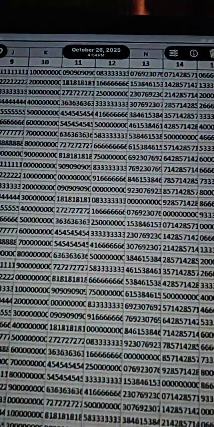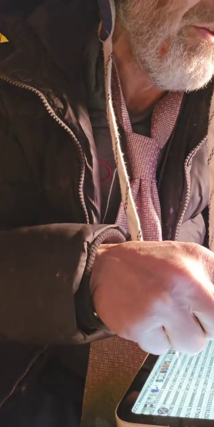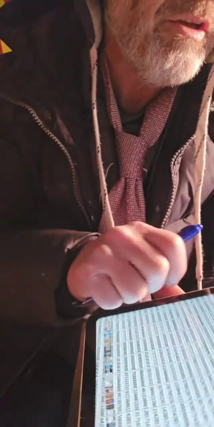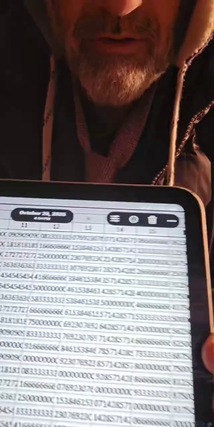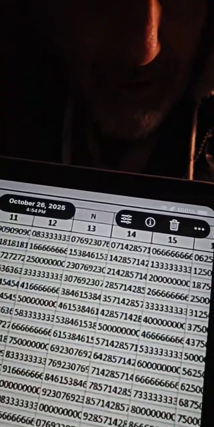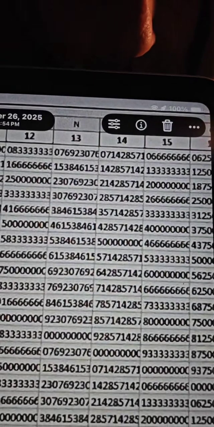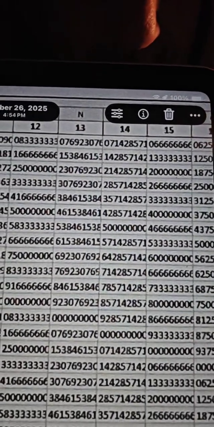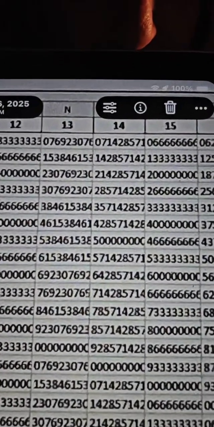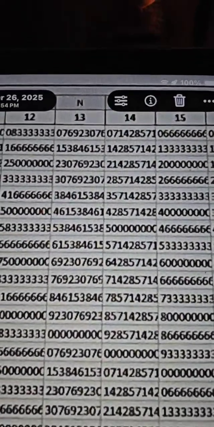I'm not sure if you'll be able to see it. Hold on a second. Let me find it so I can be exact with it. Okay. It's number 13. After the decimal, you have to watch it. Watch the numbers. Okay.